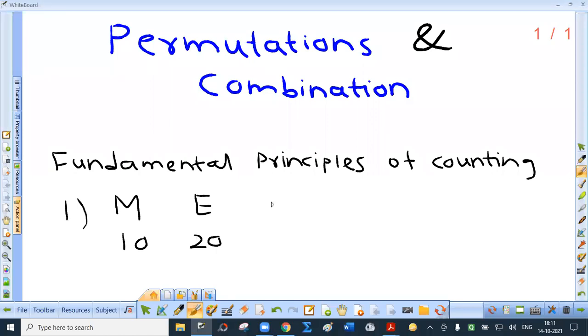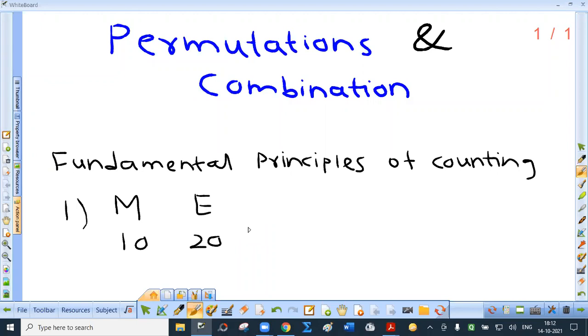So here I can say one thing, that is selection of Marathi book, can be done in 10 ways. Another thing, selection of English book can be done in 20 ways. Then total number of ways in which either Marathi or English book can be selected is what? 10 plus 20, that is 30. That is why it is called as addition principle.